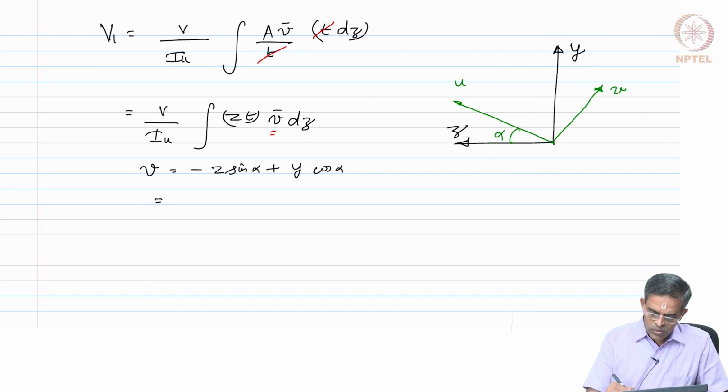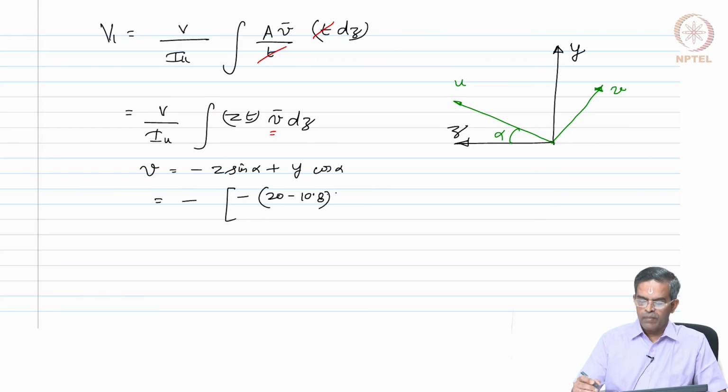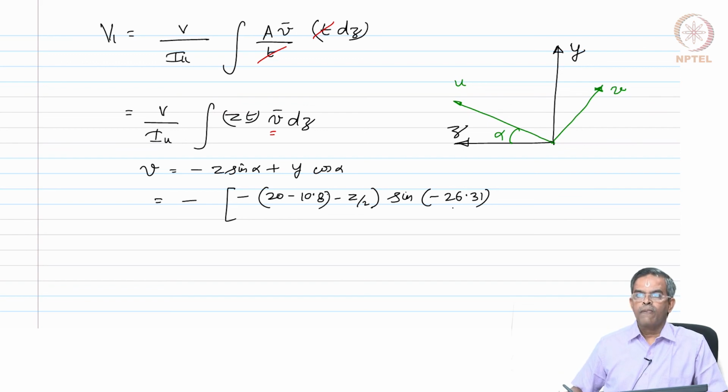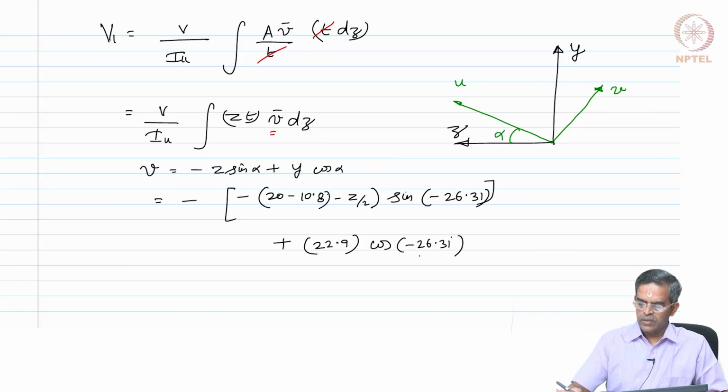So, I want to substitute the z value, minus of minus 20 minus 10.8 minus z by 2 sin alpha, which is minus 26.31 degree, okay, plus 22.9 cos alpha, which is minus 26.31 degrees.